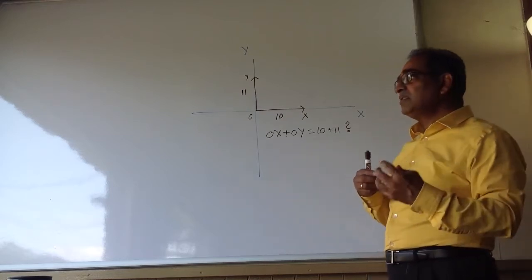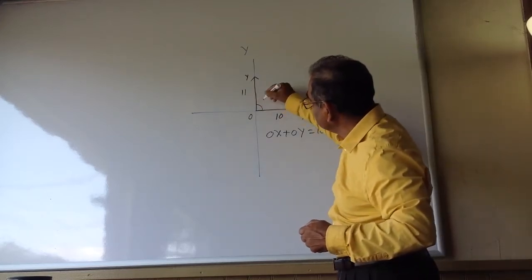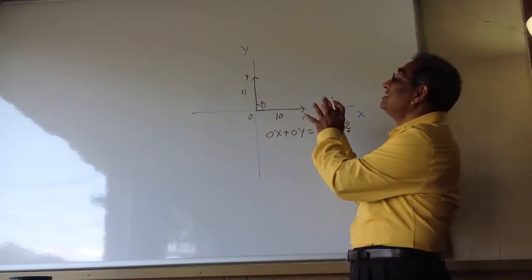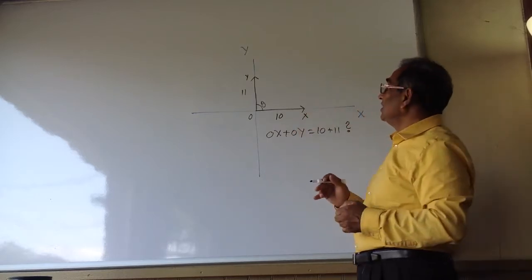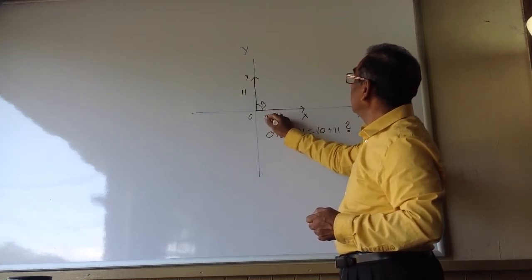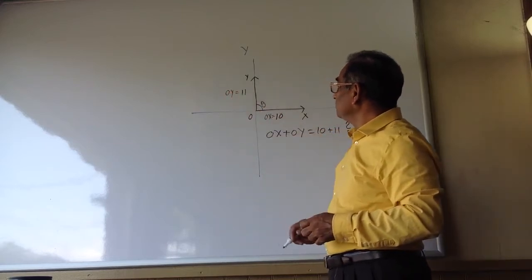The method to combine them is, if I know the angle between them, which is, let's say theta here, it's 90, we know that, but let's assume it's theta. Then let me call this OX and this OY.